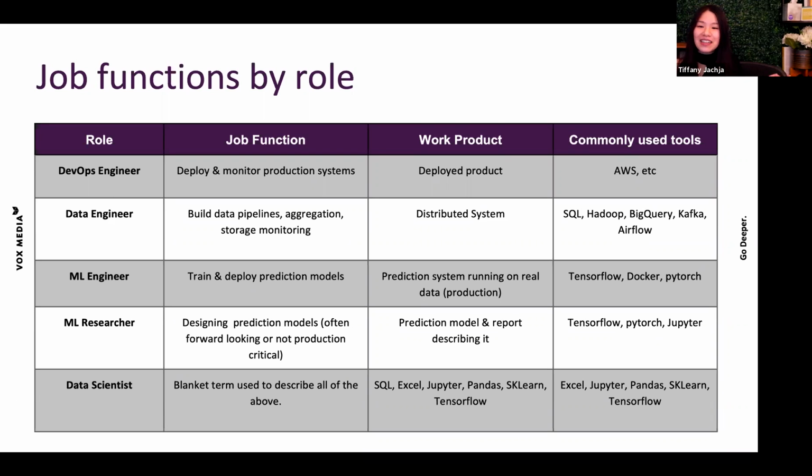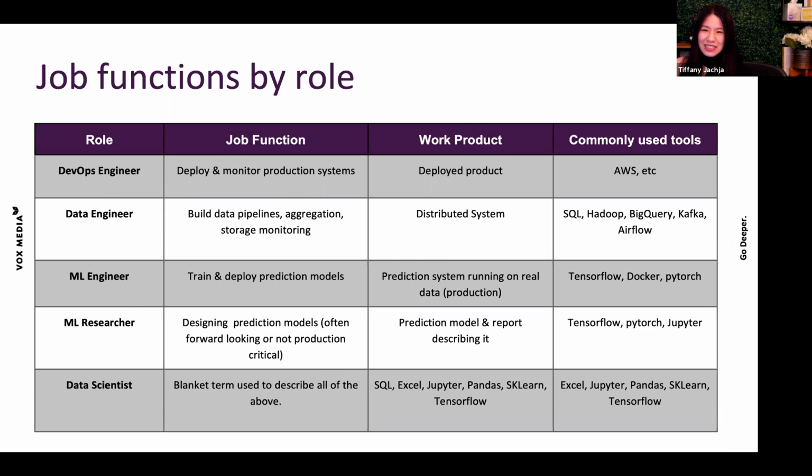What happens then, right? And so we need to be realistic about what these roles are doing and what happens when you start to bleed into other job functions when you have a particular role, because that can happen.